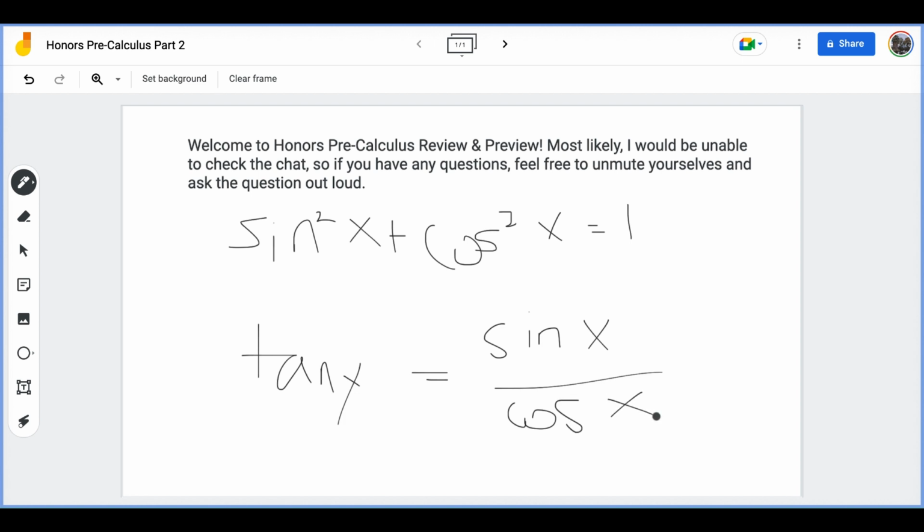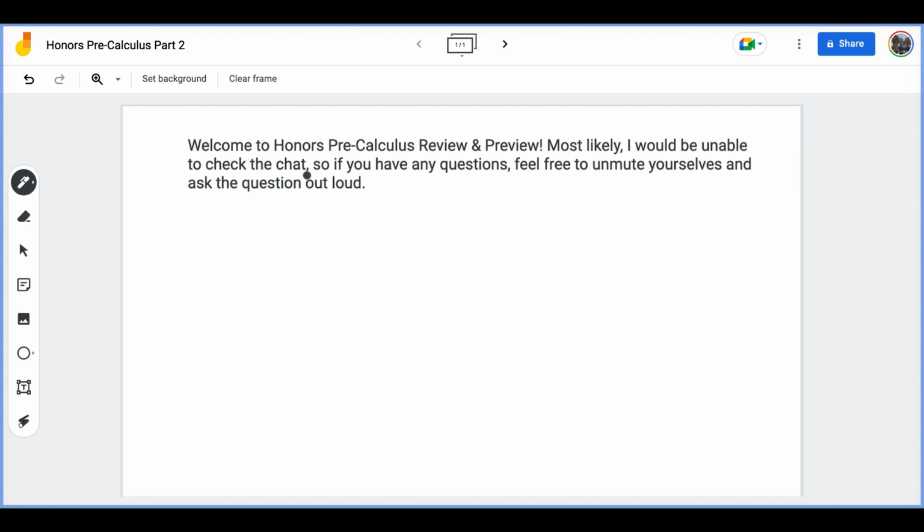For instance, these identities will help you solve trigonometric equations. So let's do a trigonometric equation as practice. Let's say it is cosine squared x minus sine squared x equals sine x.